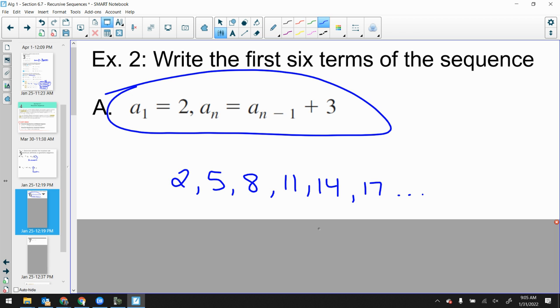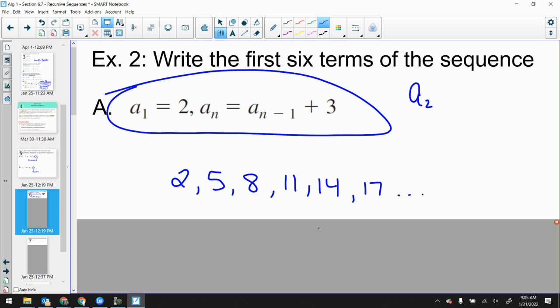Yes, Nathan. I'm just confused on why a sub 1 is equivalent to a sub n now. So in the beginning of the problem, it says a sub 1 equals 2. So if you plug that in for a sub n minus 1, this is basically saying this.